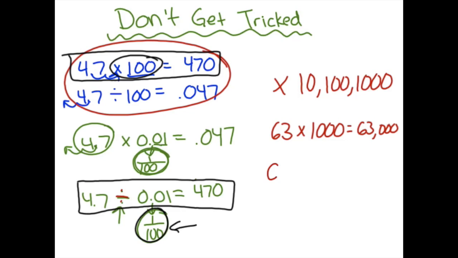If I have 63 times 0.001, that's a different story because now I'm finding 1/1000th of 63. So my number is going to be getting smaller. And I'm finding 1/1000th of it. So I'm going to move my decimal place 1, 2, 3 spots to the left. So my answer would be 0.063.